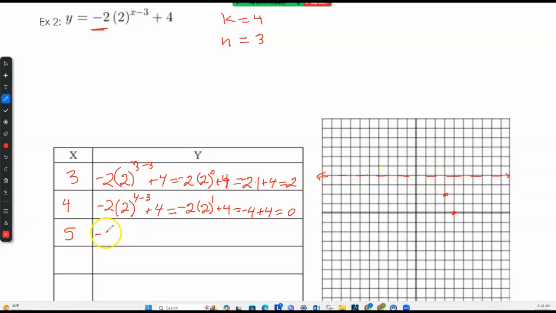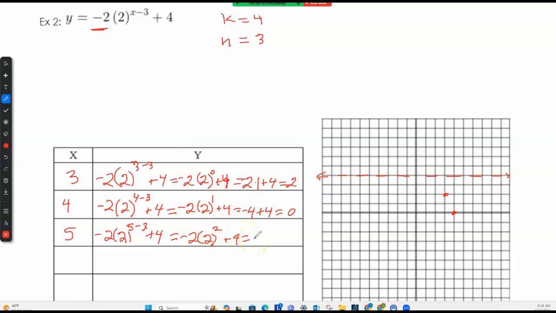5. Negative 2 times 2 to the 5 minus 3 plus 4. So let's see. 5 minus 3 is 2. So now we have negative 2 times 2 squared plus 4.